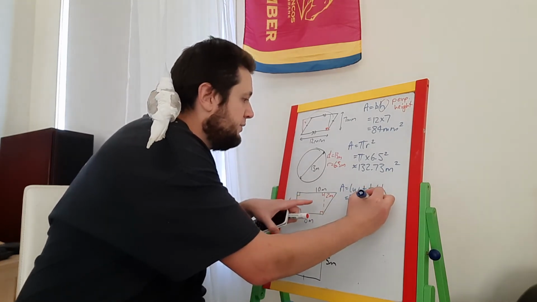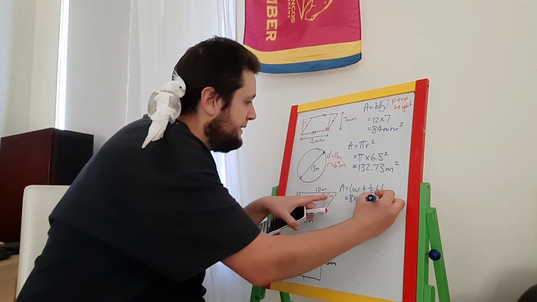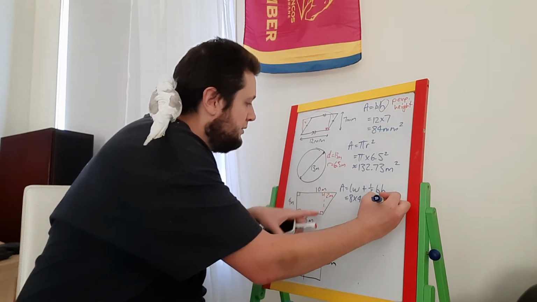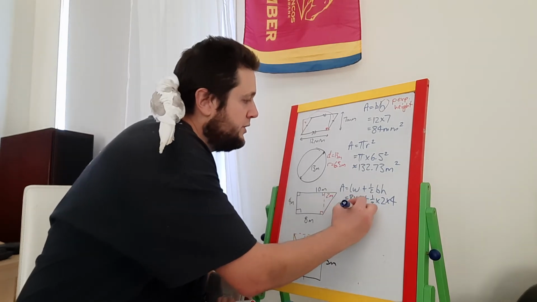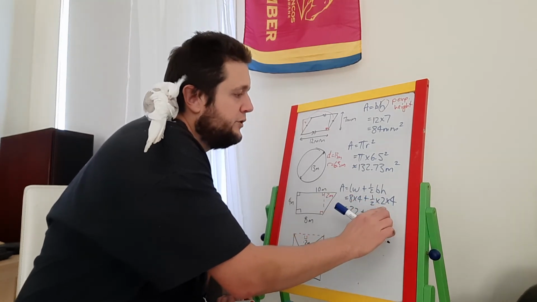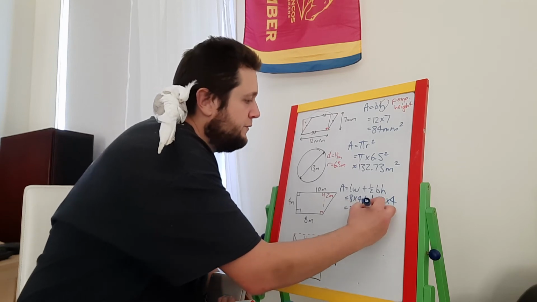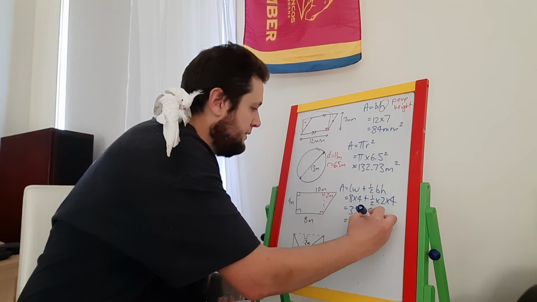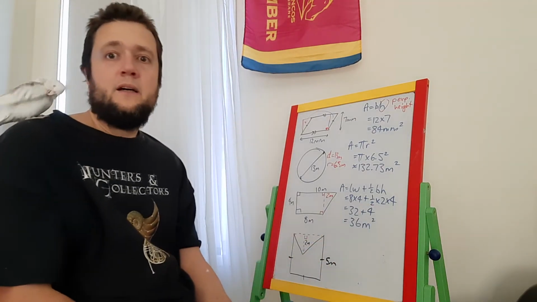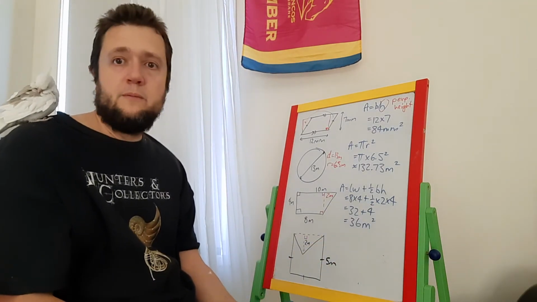When I'm looking at the triangle here, it's a base of only 2 and a height here of 4. So 8 times 4 is 32. A half of 2 is just 1, times 4 is 4. So we're going to get 36 meters squared. Okay, so that's the first example.